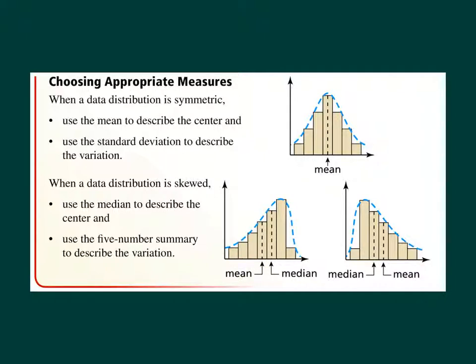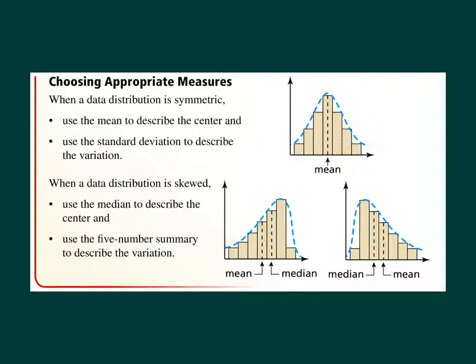It's smaller than it really should be, and so we'd want to use the median as more of a representative number here. Over here we have a small number of data points far to the right. Those are the outliers on the right side, either technically outliers or pseudo outliers, and they artificially inflate the mean, making it larger than it should be. And so in that case we'd want to use the median as a more representative measure of center.